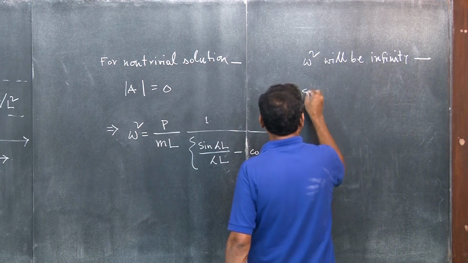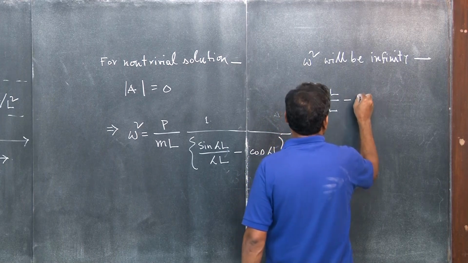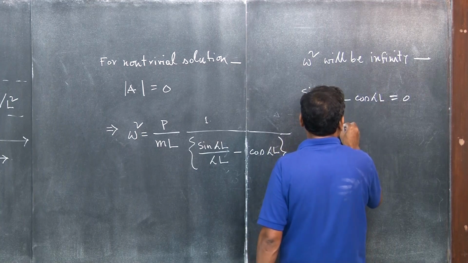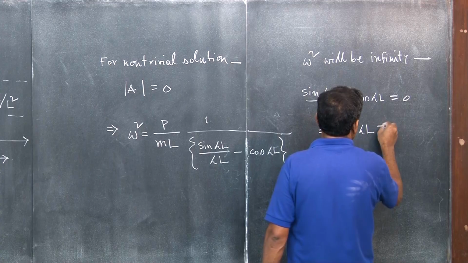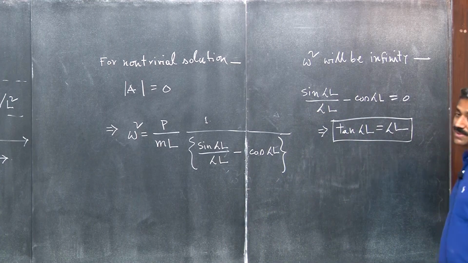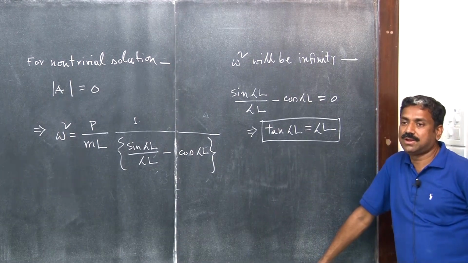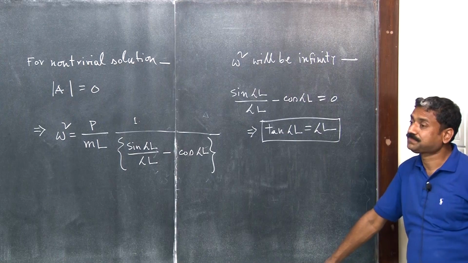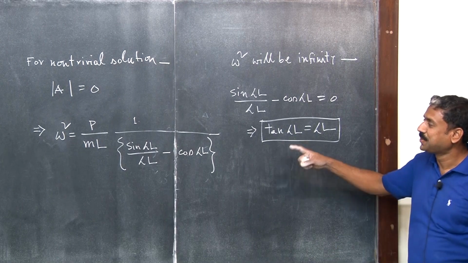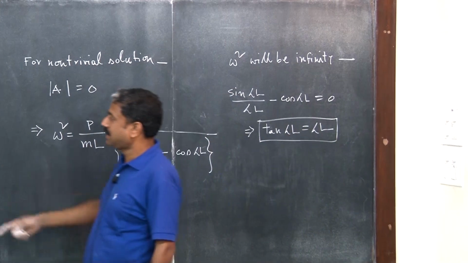Here you see that when sine lambda L by lambda L minus cosine of lambda L is equal to 0, which means tangent of lambda L is equal to lambda L. Which is once again the outcome of this trigonometric eigenvalue problem, right? So for this condition, omega square will be infinity.